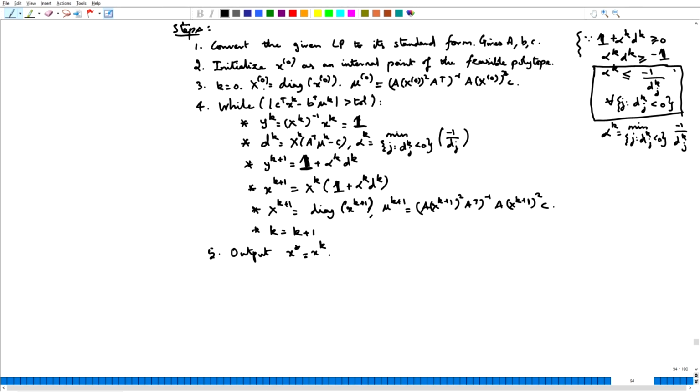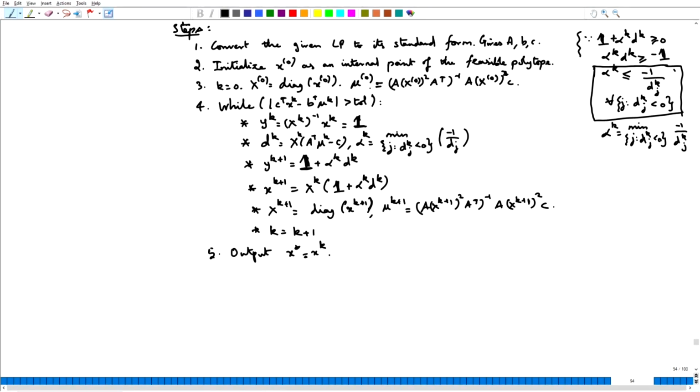You construct a diagonal matrix where the diagonal entries are the elements of the vector x 0, and mu 0 is just the same formula that we had, A x squared A transpose inverse A x squared C. We are finding mu initially because we first want to check if C transpose x k minus B transpose mu k, the difference between the primal value and the dual value, is within the tolerance. That is the reason we are starting with mu 0.